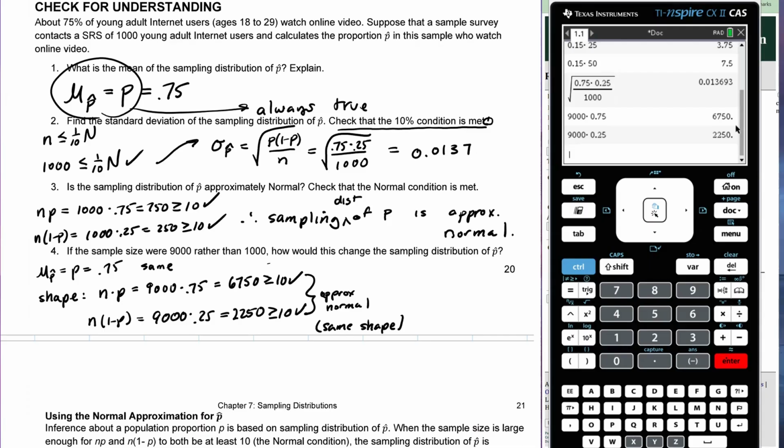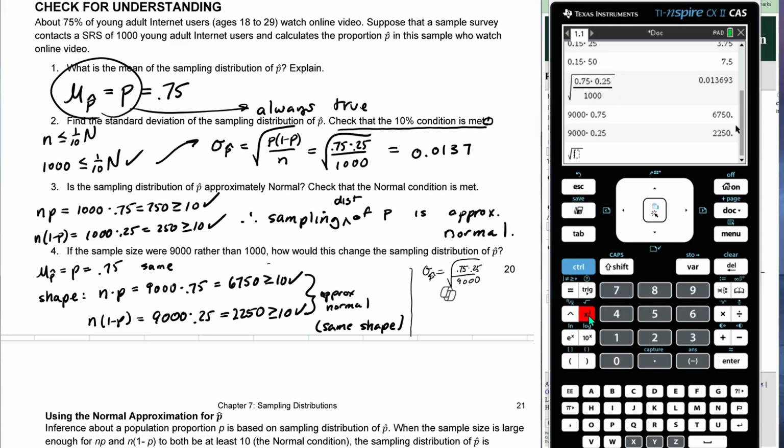All right. What about the last piece? What about the standard deviation? Well, the standard deviation of p-hat is the square root of 0.75 times 0.25, but this time over 9,000.